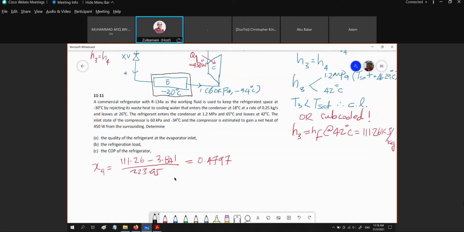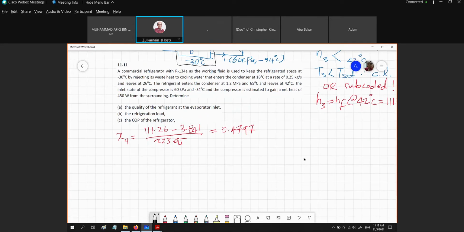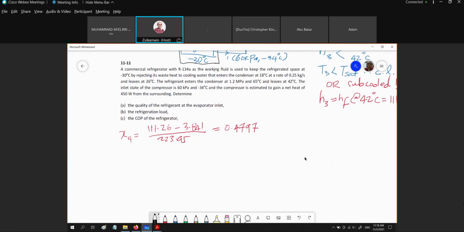Okay. Then next we are going to look at part B, the refrigeration load. So if we look here for part B, the refrigeration load is known as Q dot L, which is equal to the M dot of the refrigerant multiplied by H1 minus H4.